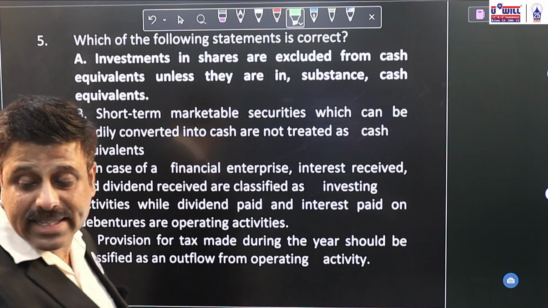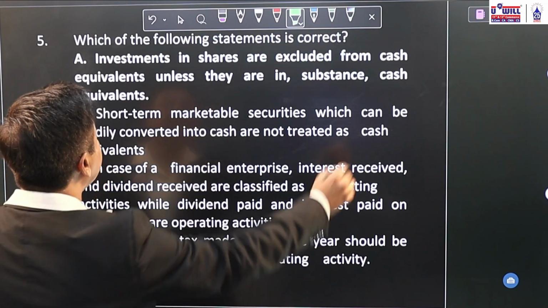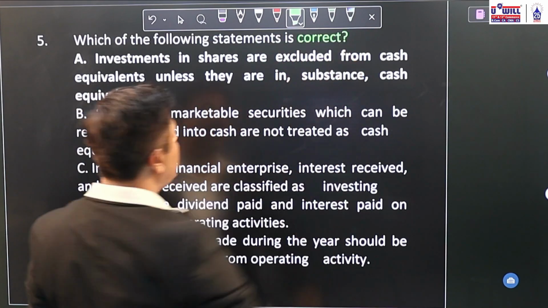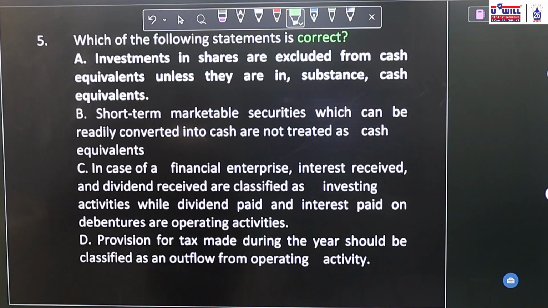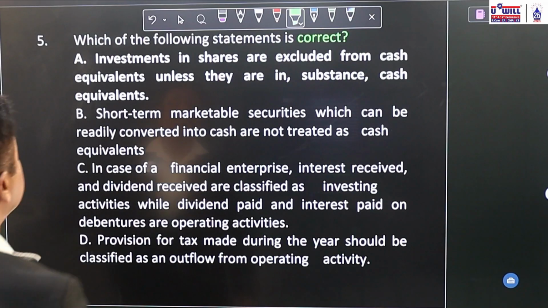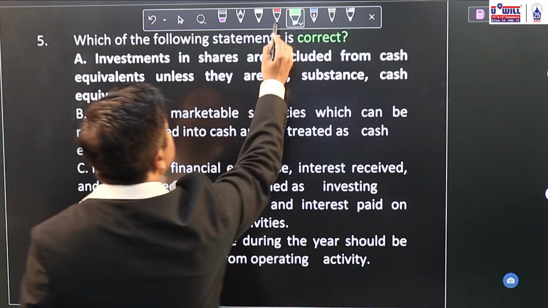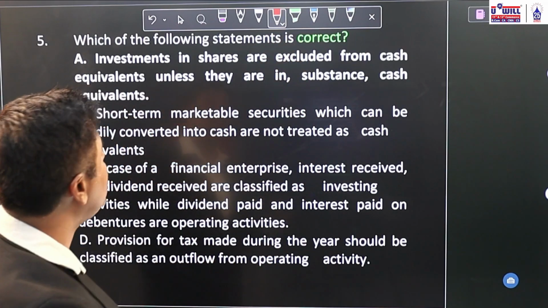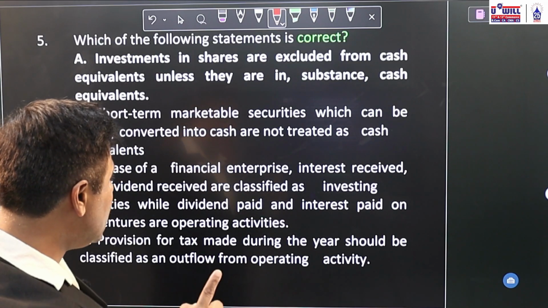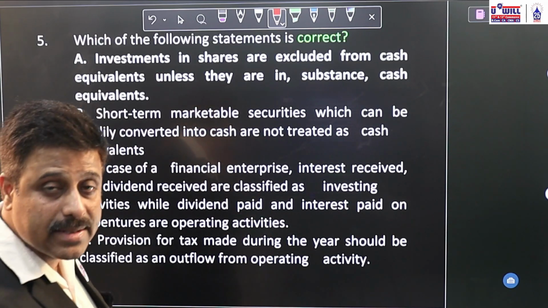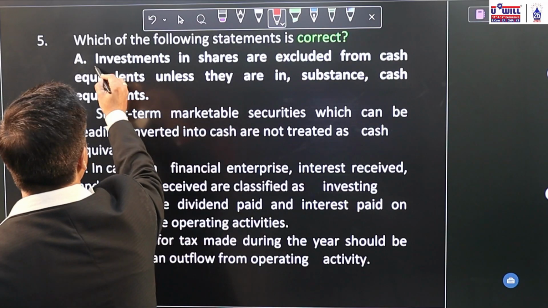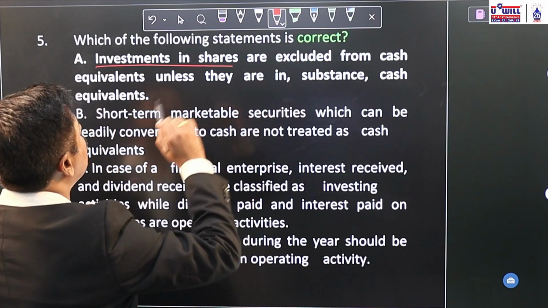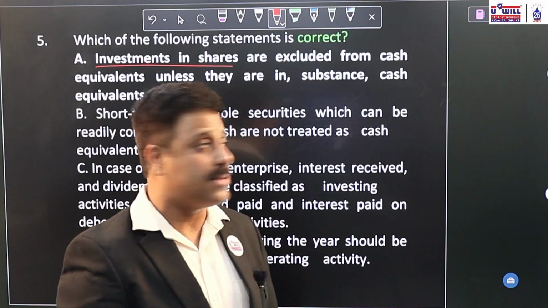Which of the following statements is correct? Let us read each of them one by one and identify which one is correct. Okay. First, investments in shares are excluded from cash equivalents unless they are in substance cash equivalents. Now, when we invest money in shares, are they excluded from cash equivalents? Yes.